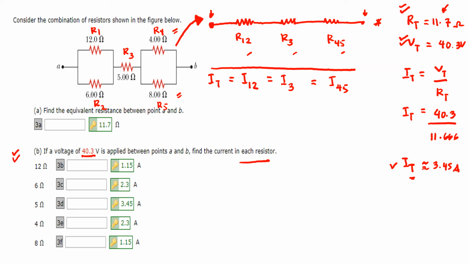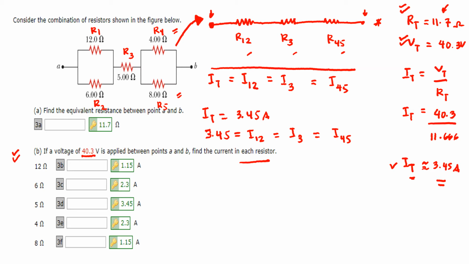Therefore, we could say that the total current, which is 3.45 ampere, is equal to the current in resistor 1,2, and that is also equal to the current in resistor 3, and that is also equal to the current in resistor 4,5.